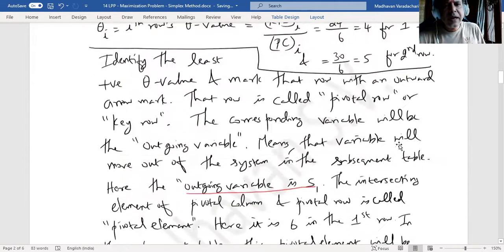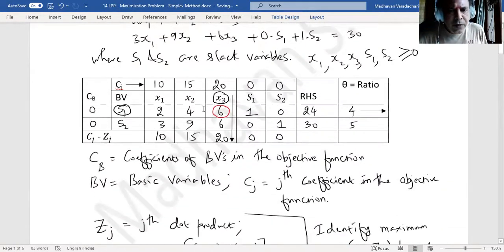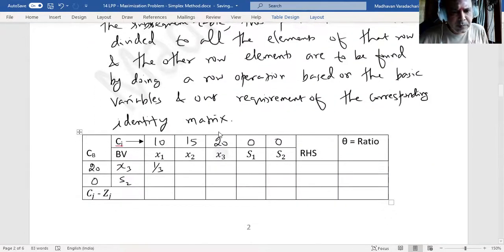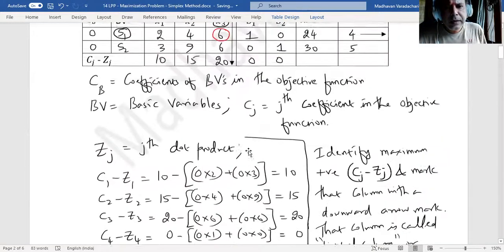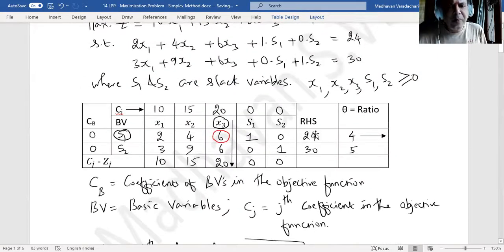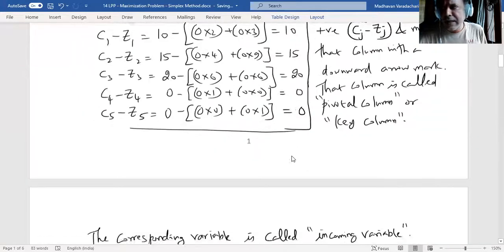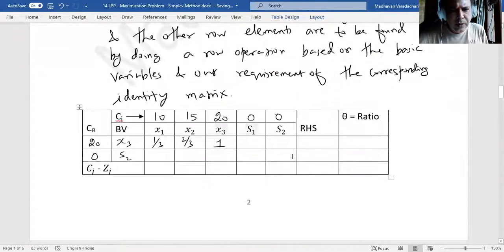Then 4 by 6 is 2 by 3. 6 by 6 will be 1. And then 1 by 6 is 1 by 6. 0 by 6 is 0.